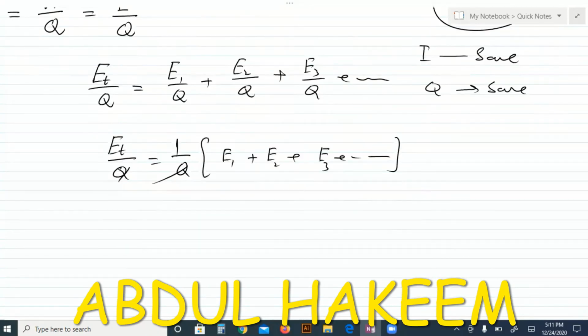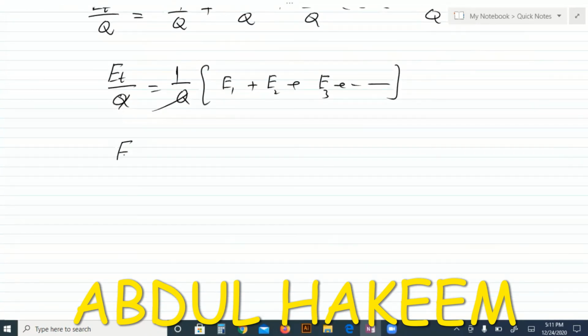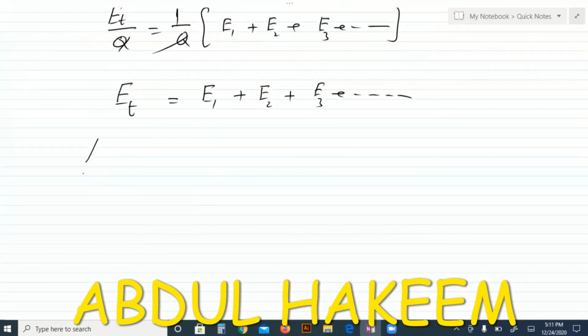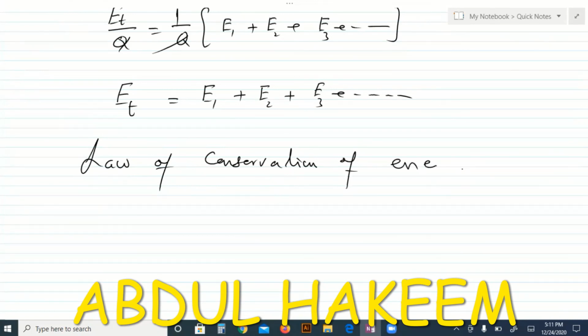Q cancel, so the total energy supplied to the circuit is the sum of the energy dissipated across each resistor, and this is called law of conservation of energy. So Kirchhoff's second law is the law of conservation of energy.